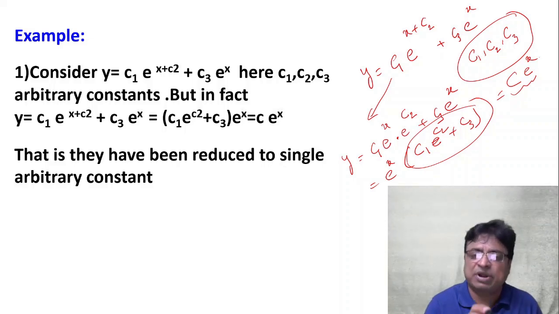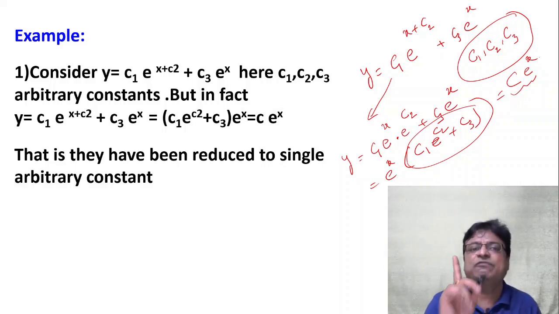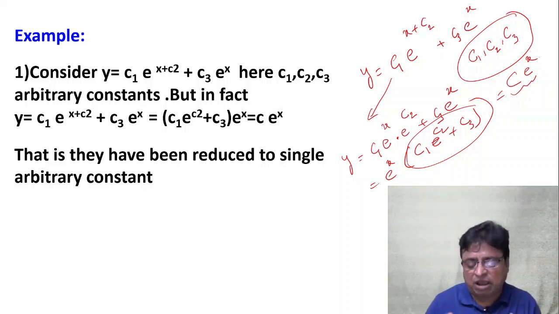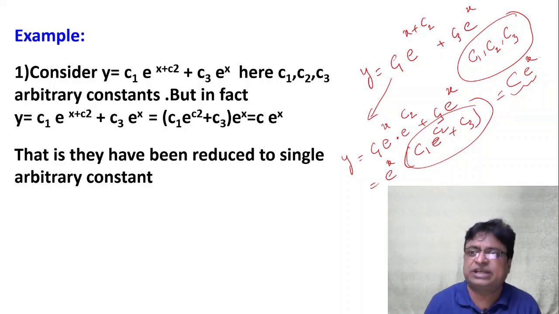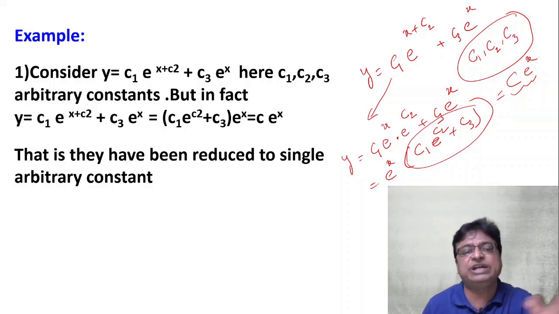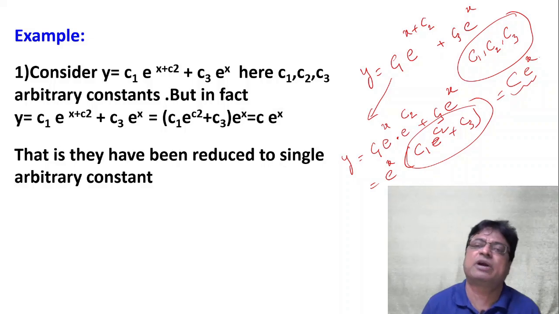So, the number of arbitrary constants in the given algebraic equation is not 3, it is just 1. Clear? So if any other constants are given, and we can reduce them to a single arbitrary constant, then count those independent constants. That number indicates the required number of arbitrary constants.